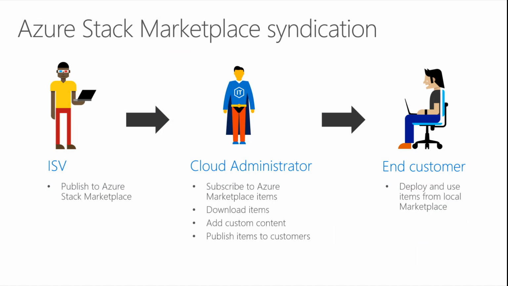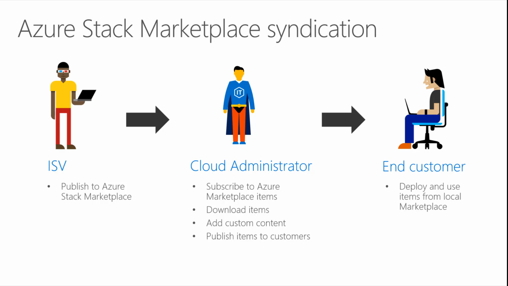Azure Stack Marketplace syndication. Our ISVs can publish to the Azure Stack Marketplace just like they do in Azure, and they specialize in doing that. They look at what their customers' needs are and create and develop those offerings. Likewise, Microsoft does this as well, in the example I just talked about with the SQL Server and file server for App Service.